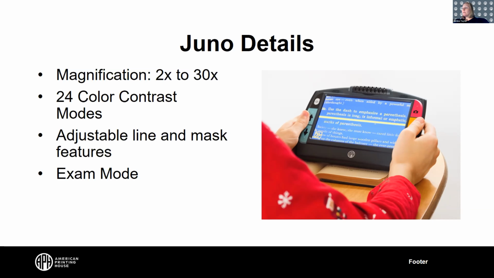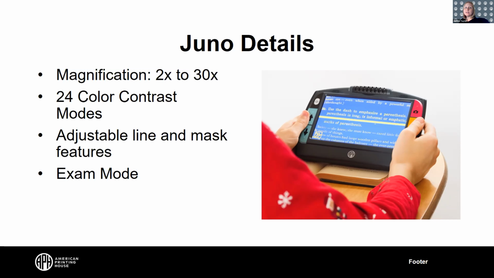And then a really great, exciting feature that this handheld has is exam mode. There are teacher settings where you can select different settings and lock out certain specific features so the student can use the magnifier to take an exam.